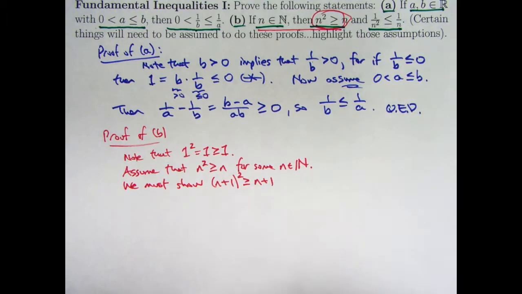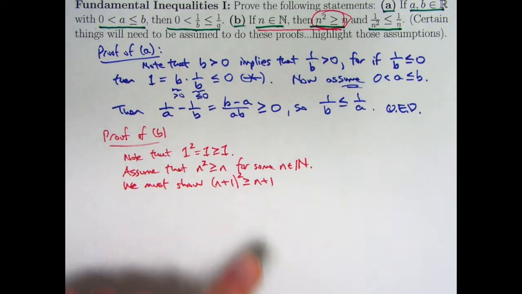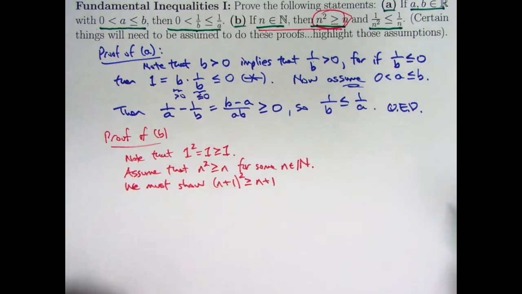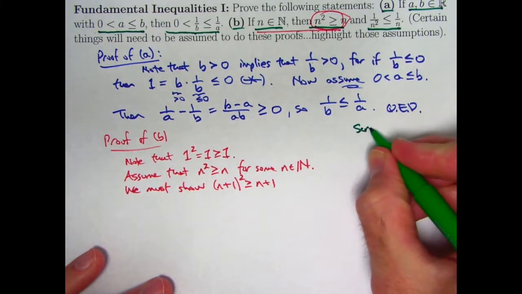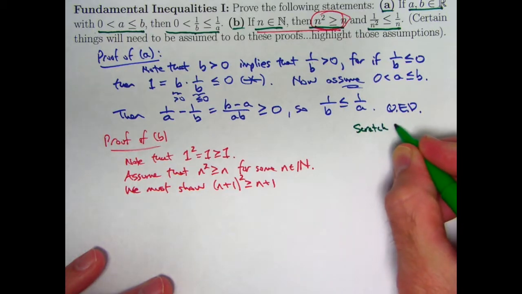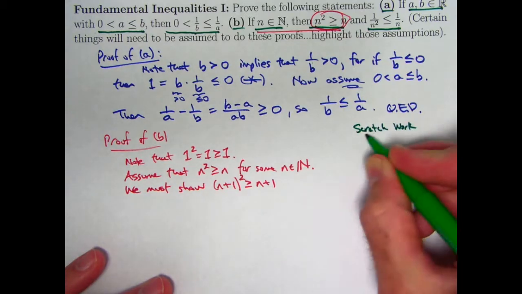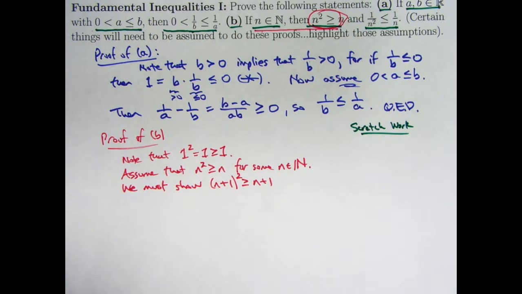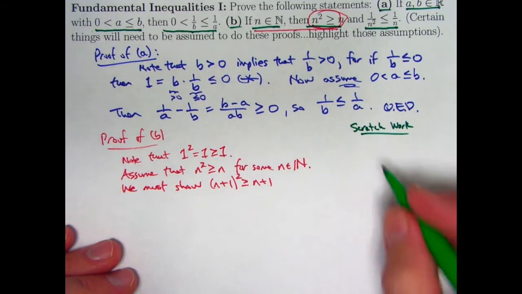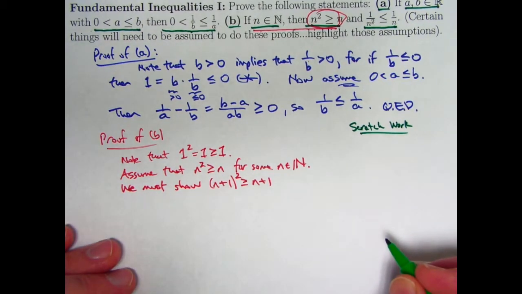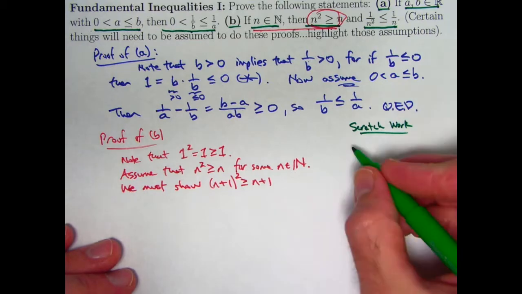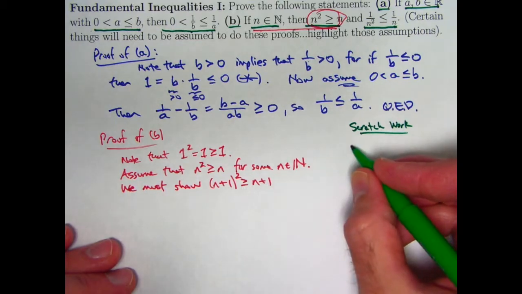Now I want to do some scratch work over on the side. How can we show this? So here's scratch work. You don't have to turn your scratch work in typically. And it's probably a good idea to do it on scratch paper and not turn it in, but I'm going to do it here on the same piece of paper so you can see it more easily. Scratch work, we want to show that this is true.